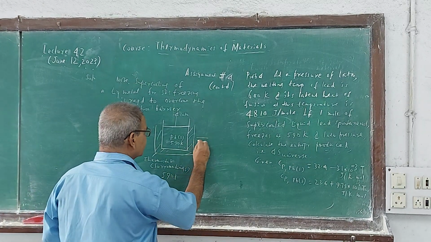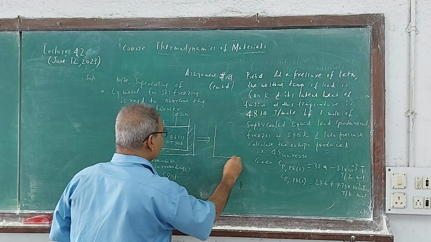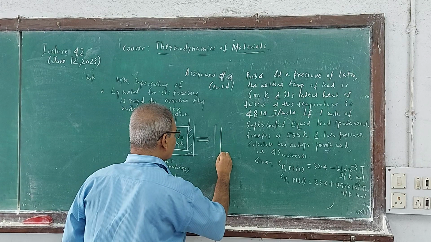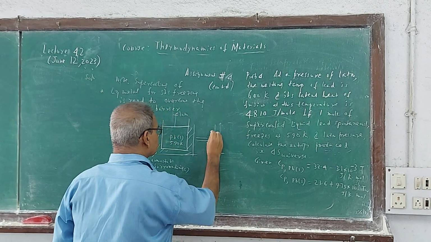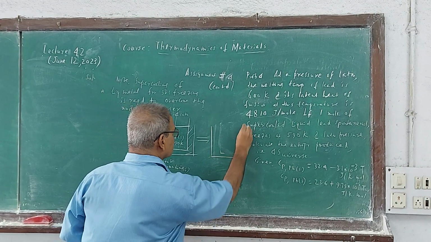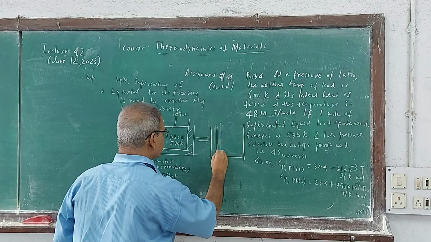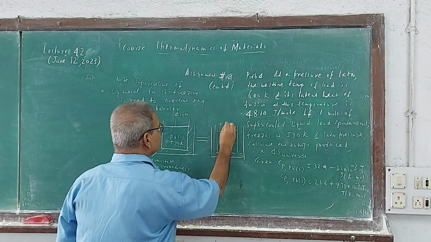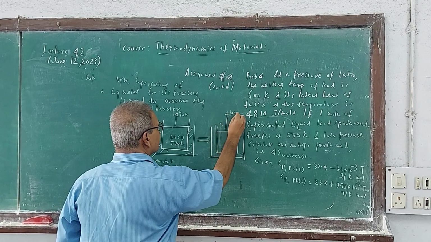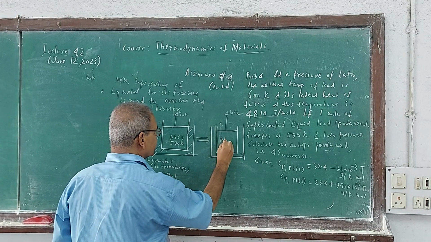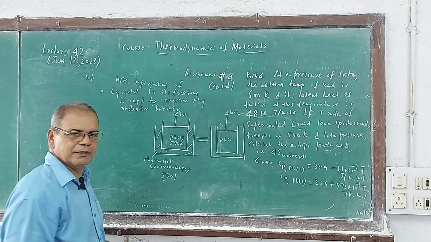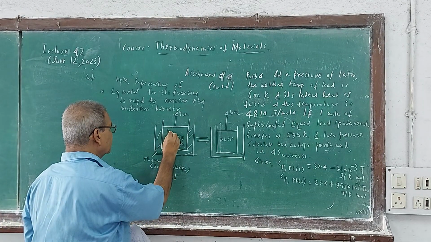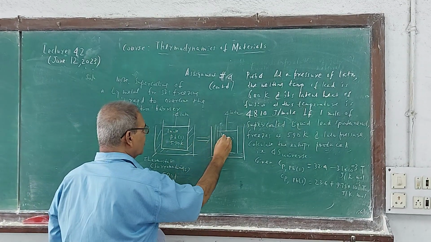Where does it go? Draw again inside this container. It is open to atmosphere, no problem. Below the melting point, with supercooling, it freezes to lead solid, 1 mole of lead solid.